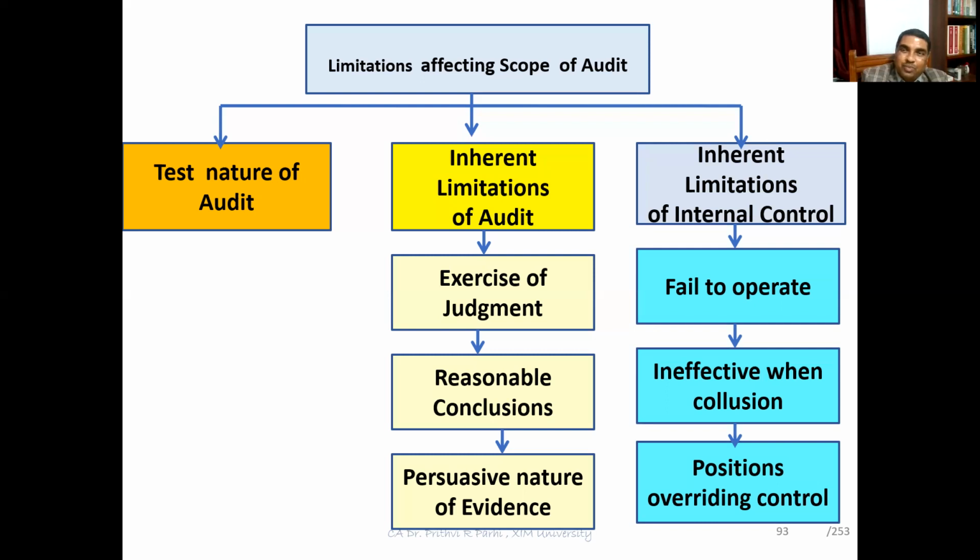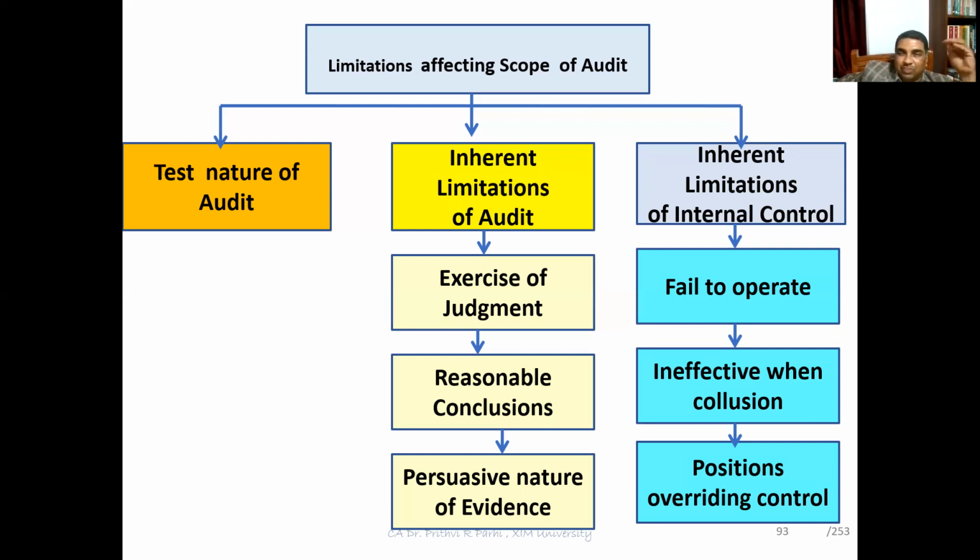Then, when we are discussing the inherent limitations of judgment, when doing the auditing, the auditor exercises his own judgment. And when he exercises his own judgment, on that basis he draws a reasonable conclusion. The auditor judges the transaction and concludes whether the transaction is genuine or not, whether it is fair or not.